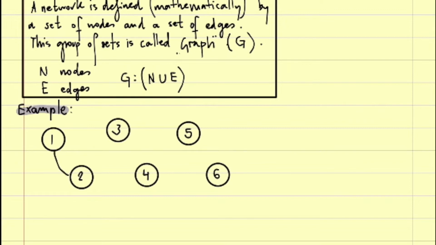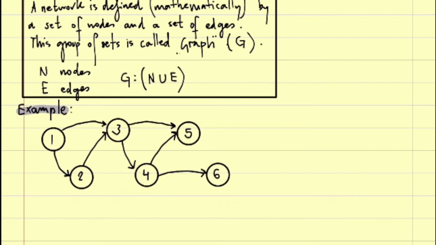And 1 is united with 2, 2 is united with 3, 1 is united with 3, 3 with 4, 4 with 5, 3 with 5, and 4 with 6. Okay, and this would be our network.